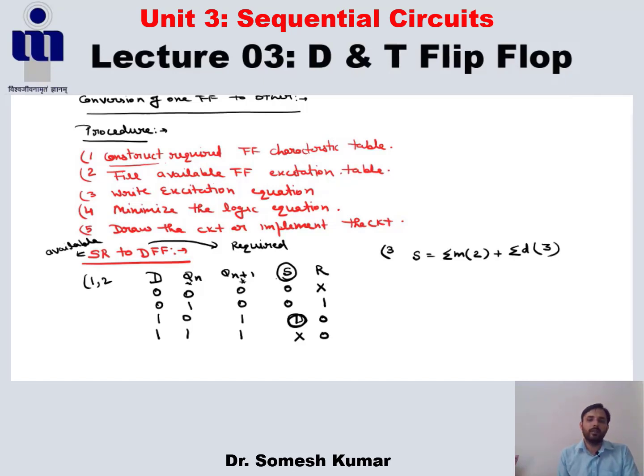So how to minimize this equation? We can use the K-map here. S should be in terms of D and Qn, so here we write D and here we write Qn.